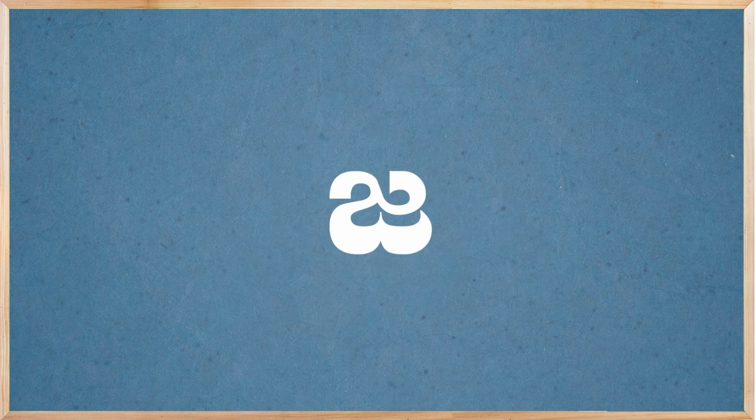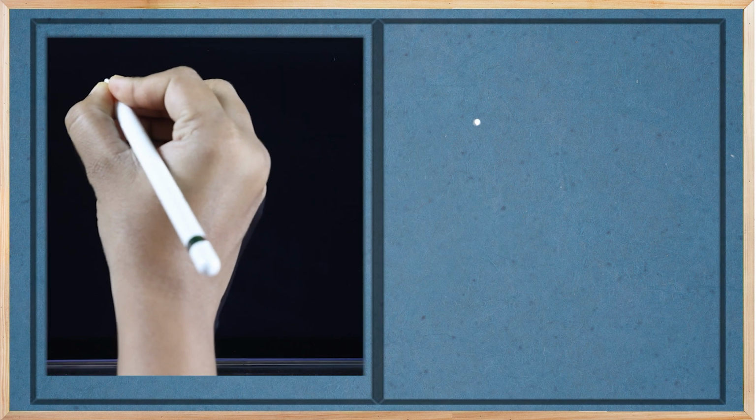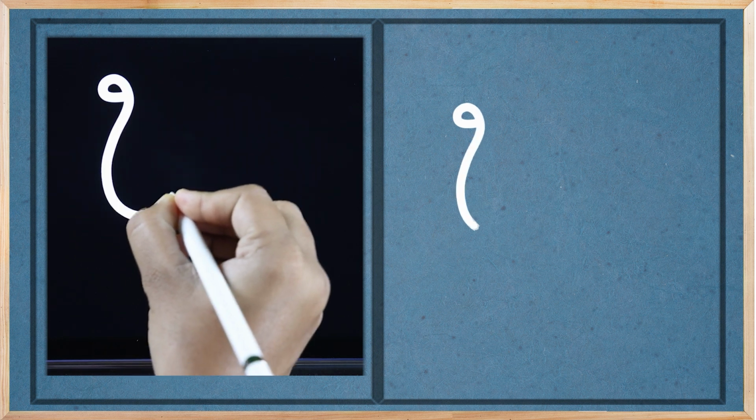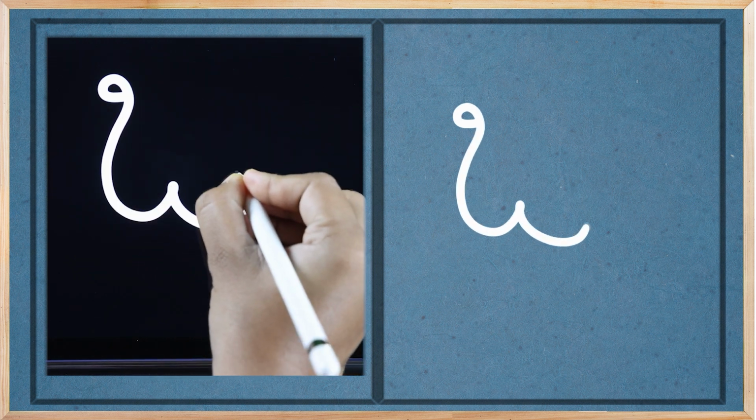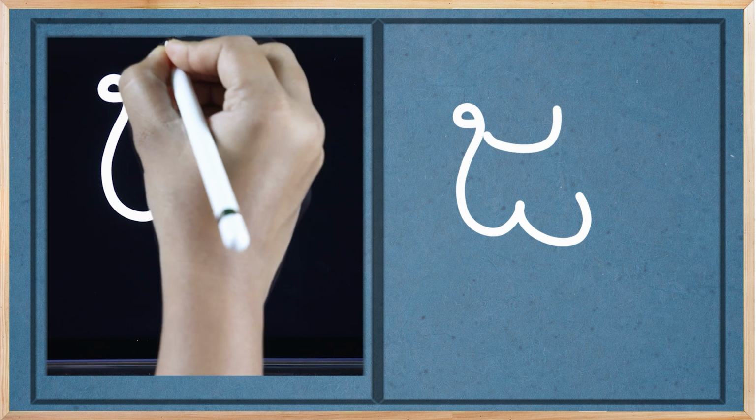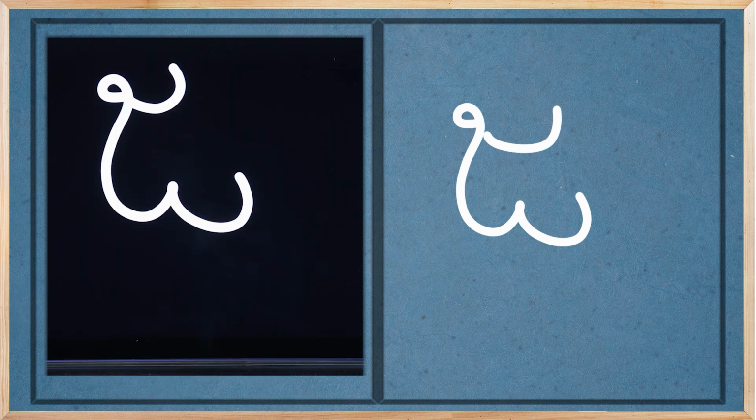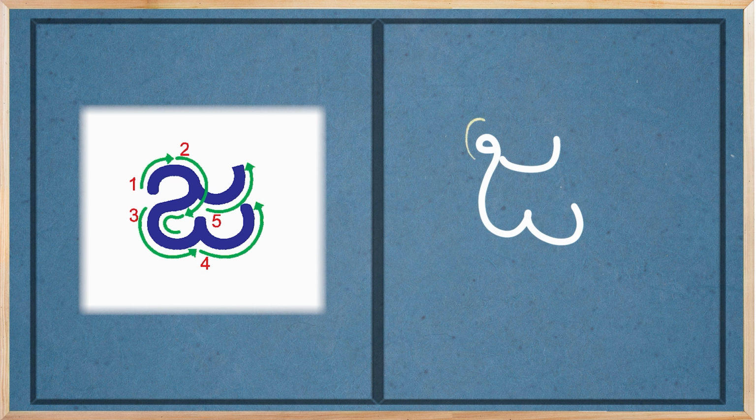Then we have Ja. To write this letter, first write O and then add this symbol attached on the left inside to the inner part of the letter as shown by the arrows to get the letter J. It is written in 2 strokes.